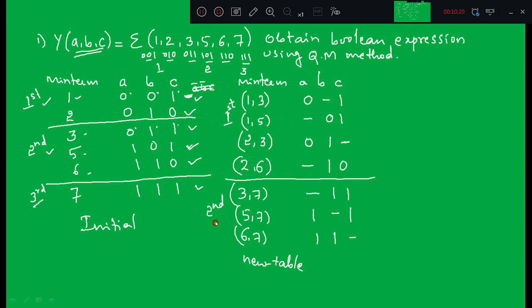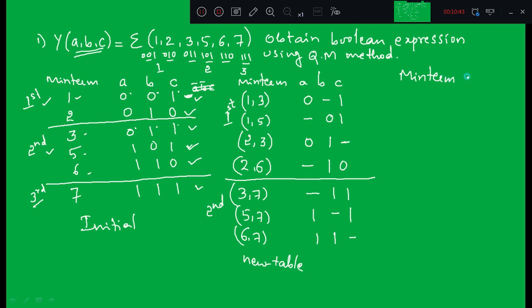Now you take the new table and identify the dash positions, right? If the dash positions are at the same place and the remaining bits are differing by only one, then you can put the tick mark and write down the minterms.